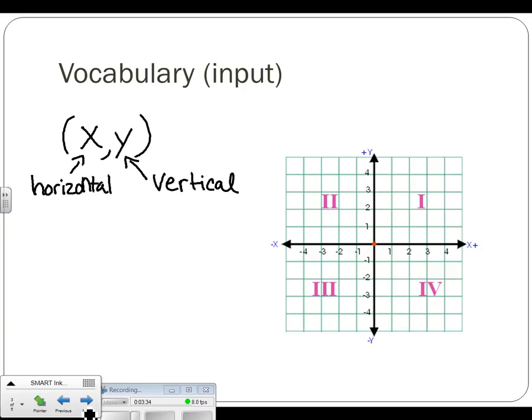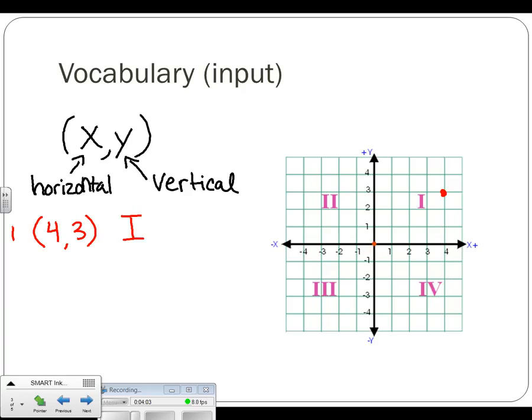So let's start with locating 4, 3. We come over to our graph, start at the origin. Horizontal 4 means right 4, and then 3 means up 3. So there we are. That point would be located in quadrant 1.